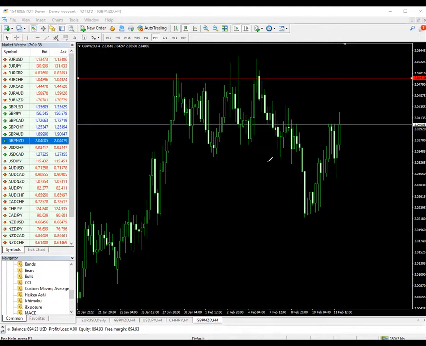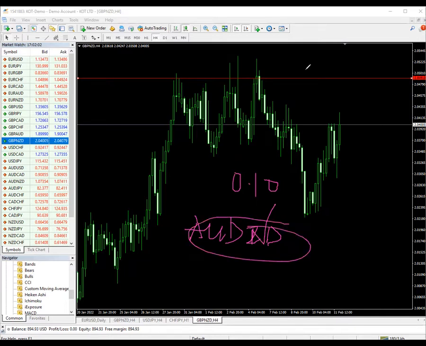So if you are going to use a lot size of, let's say, 0.10 for maybe AUDNZD, which moves slow. AUDNZD moves slow. Pardon me with the writing. Or EURCHF, these are currencies that move slow.